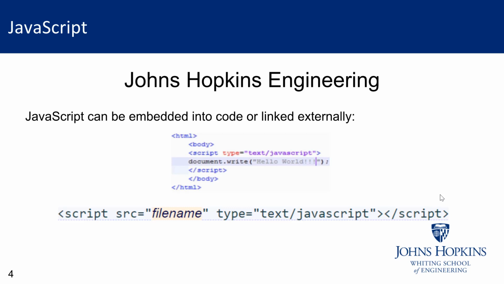What this is saying is, once I am rendered in the browser and the interpreter goes to look for JavaScript code, there's no code written here, but I'm referencing this source file called file name. So your browser is going to navigate to the path specified by file name, download that JavaScript file, interpret it, and run it in your browser.